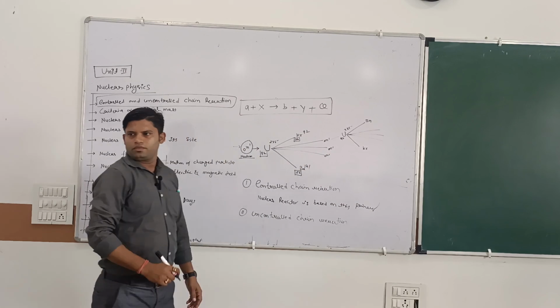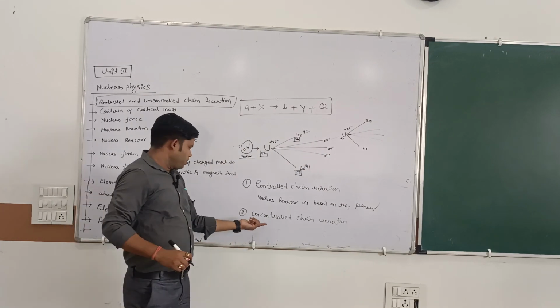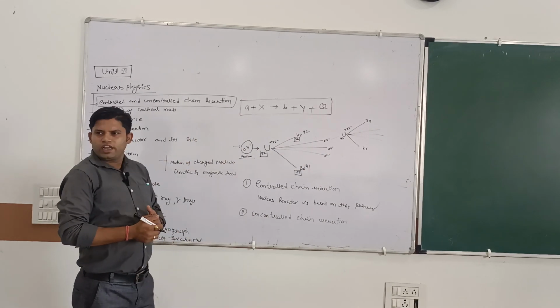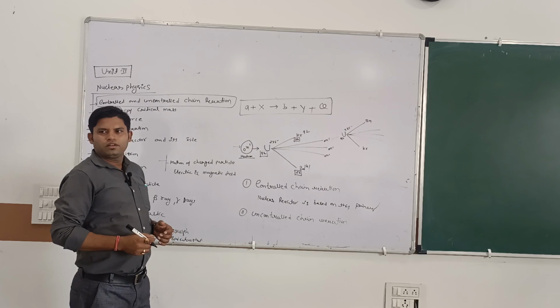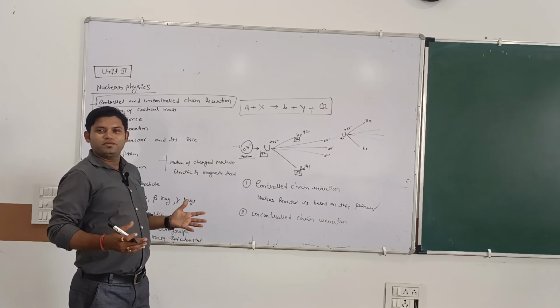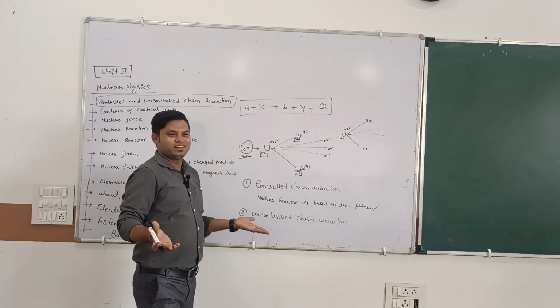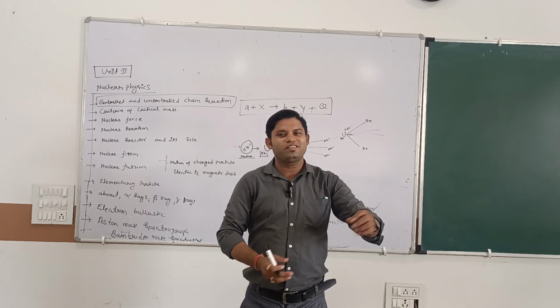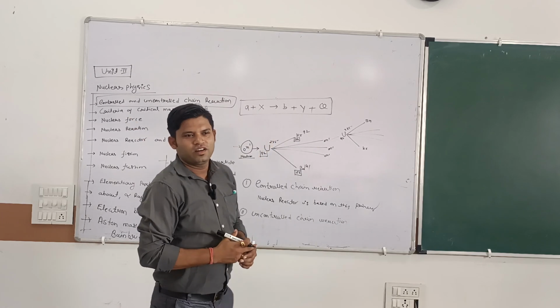Correct. And what is the example of an uncontrolled chain reaction? Atom bomb. You just light it and blast.